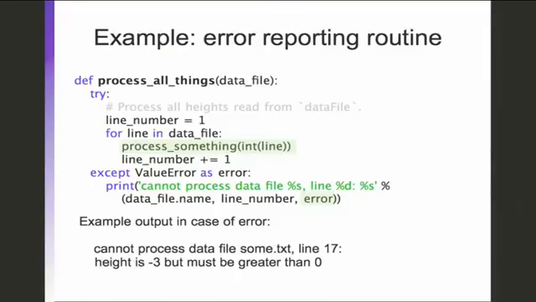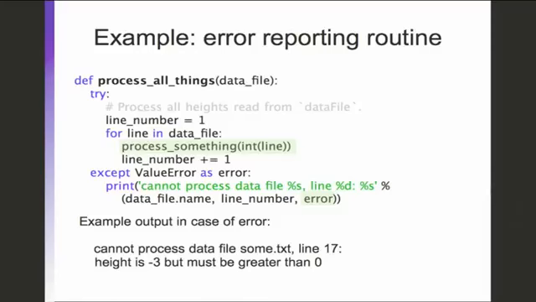If everything goes right, there is no exception. If there is an exception, it writes an error message which says cannot process data in file, and the file name, line, and the line number, and the actual error message it got in the value error. In summary, the output in case of error would be: cannot process data file some text, line 17.